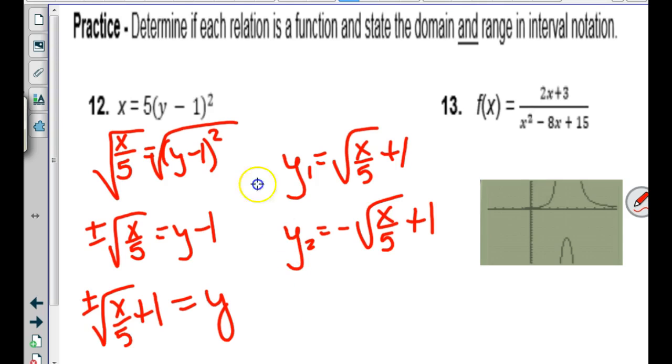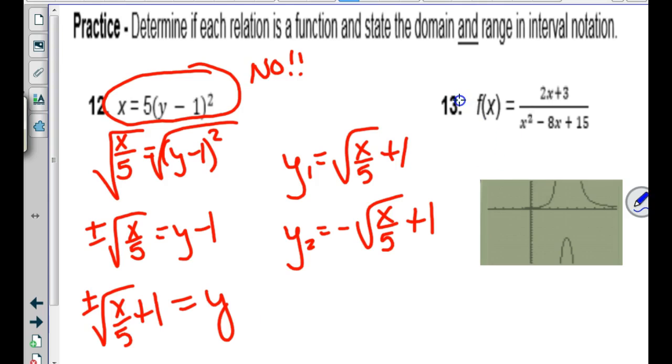Now, anytime there's a y squared, it means you're going to get two different answers for x. Okay, so this is not going to be a function. We still could talk about domain and range because it's a sideways parabola, but I vote we just don't. Are we good?